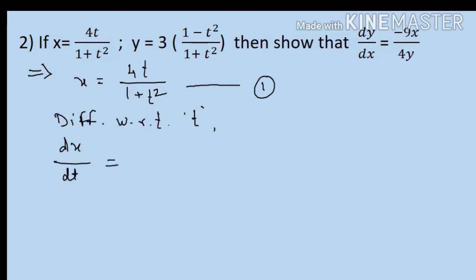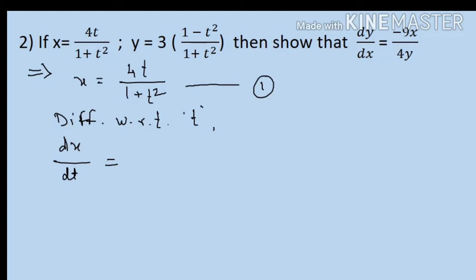is equal to. Now on RHS you have 4t upon 1 plus t square. That means it is of the form u upon v. So you have to use the formula of d dx of u upon v. That is v into du by dx minus u into dv by dx upon v square. So let us substitute.